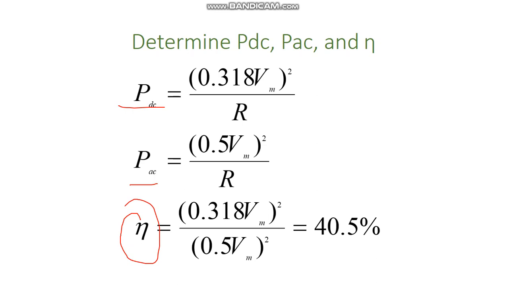PDC is equal to VDC into IDC and PAC is equal to VRMS into IRMS. On the basis of these values we have calculated PDC and PAC, and the efficiency in the case of the half wave rectifier turns out to be 40.5%.